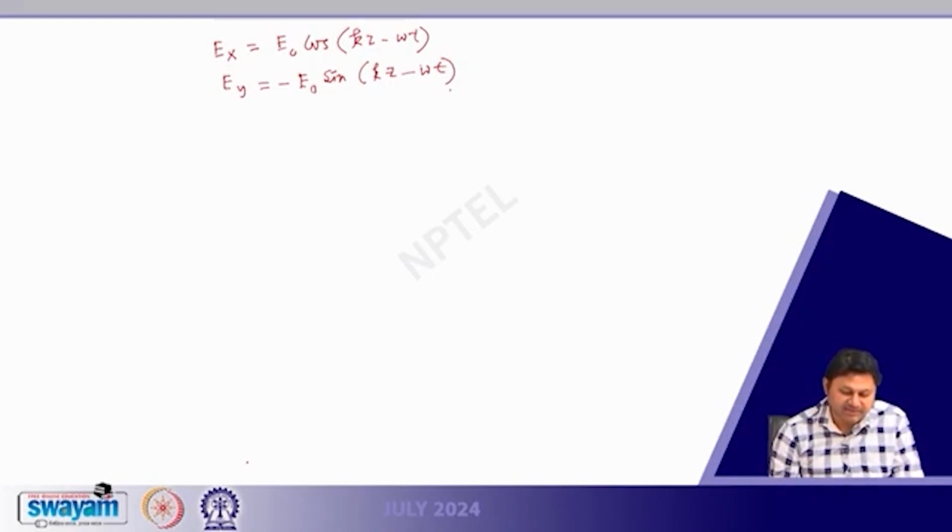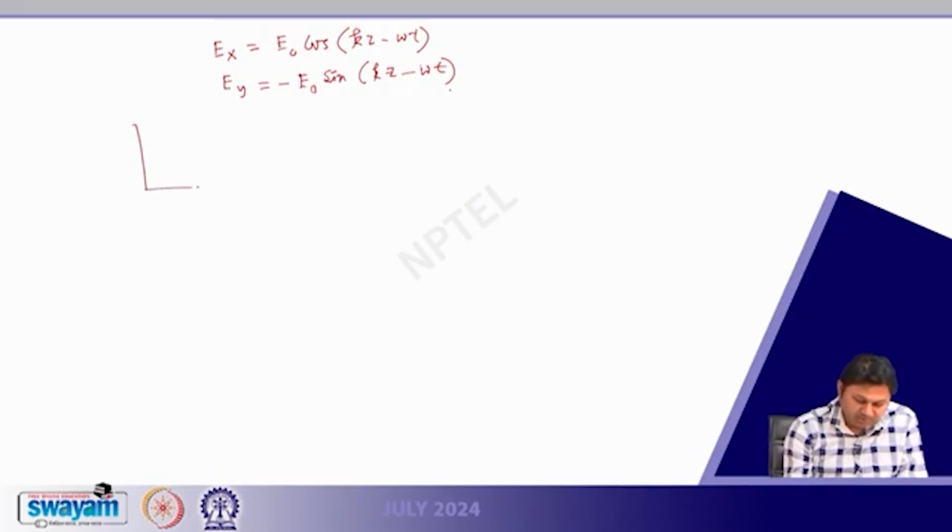Suppose the phi value is such that we are getting this minus sign, then at z equal to 0 plane over time, if I want to find. So, at z equal to 0 plane we are looking, so this is when t is equal to 0.